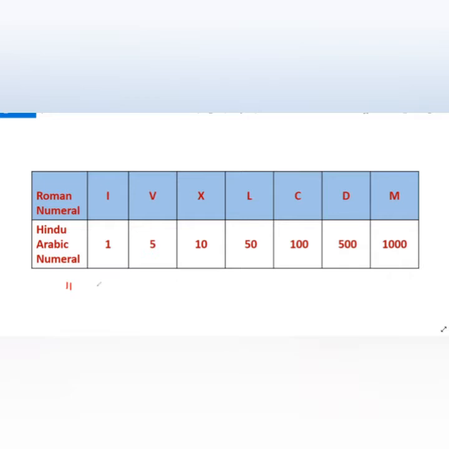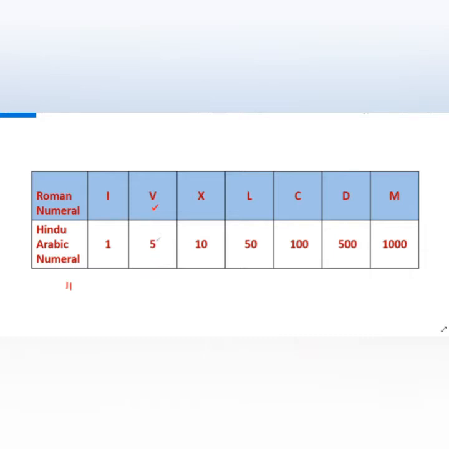That is 3. And 4, how to write? 4 is not written as 4 ones. Our 5 is given here. 5 is the symbol V. So first 1 is written, that means 5 minus 1 is 4. Under the Roman numeral rules, I will teach you that rule.